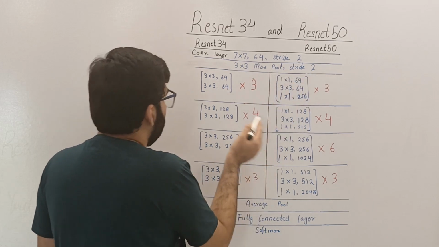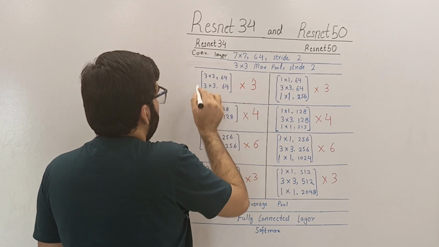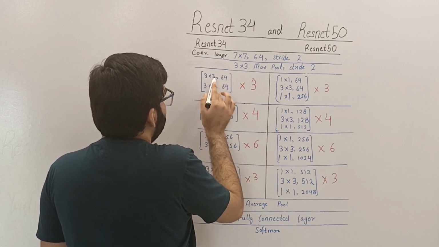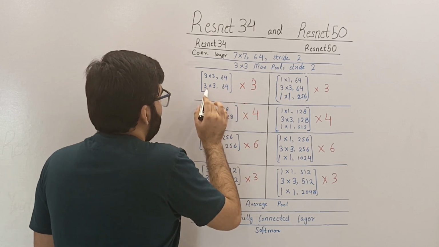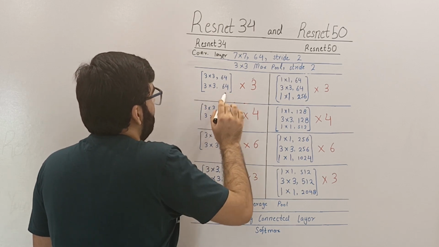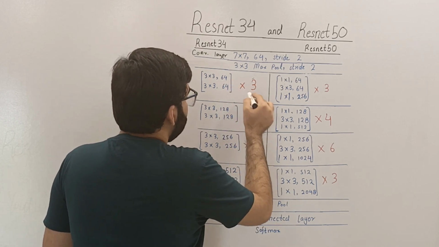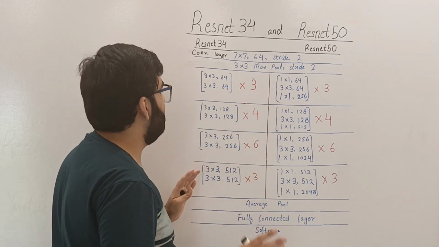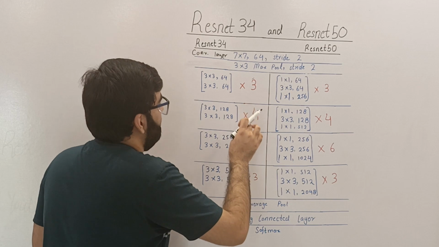After that, look at these square brackets. This means a residual block with 2 convolutional layers. First one with 3 by 3 filter size and 64 filters, and the second one with again 3 by 3 filter size and 64 filters, identical layers. This means there are 3 such residual blocks stacked next to each other in this portion of the ResNet 34 architecture.